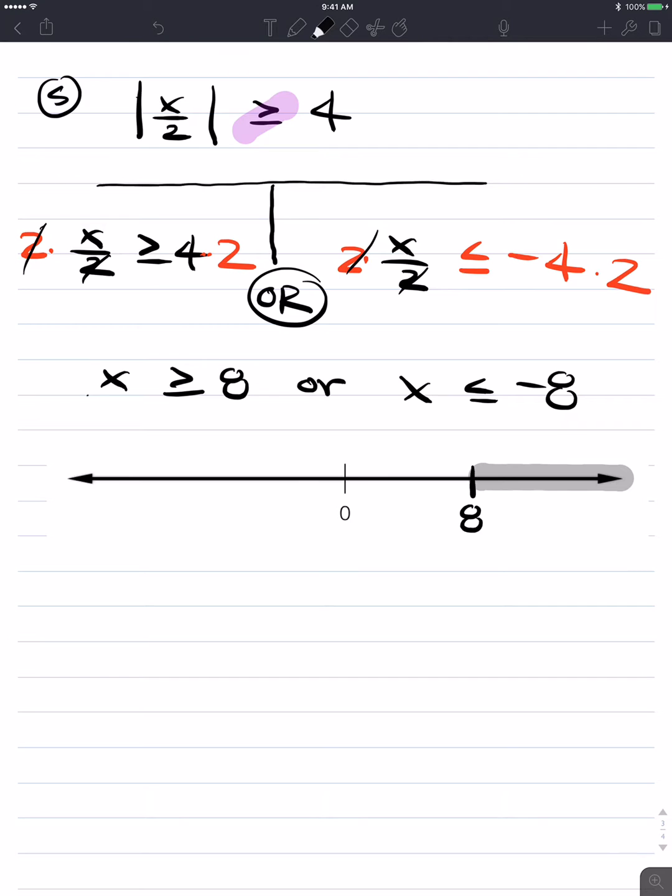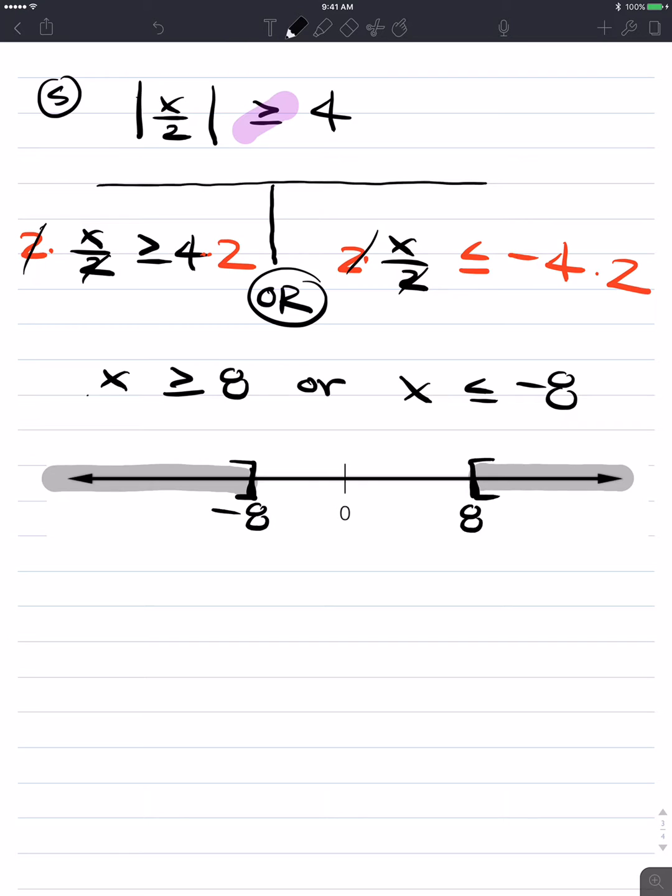It's greater than or equal to, so we're going to use our square bracket to include the 8. Numbers less than or equal to negative 8, we start at negative 8. Numbers less than live to the left of negative 8. We include the negative 8 because it's a less than or equal to sign. That's our inequality. We have graphed the solution.